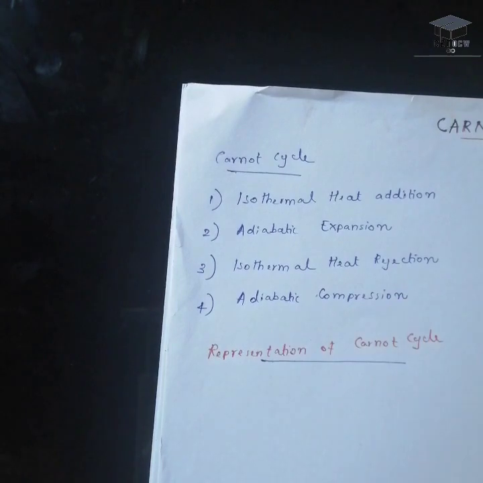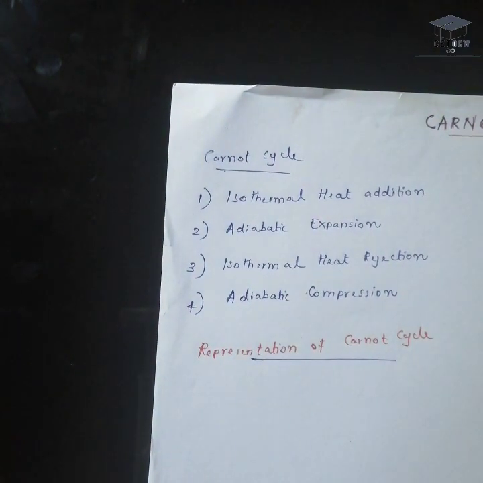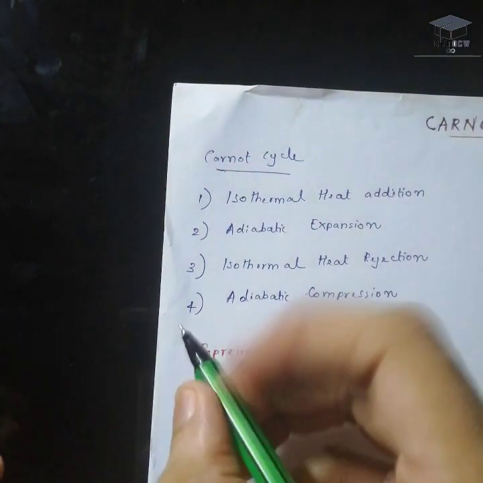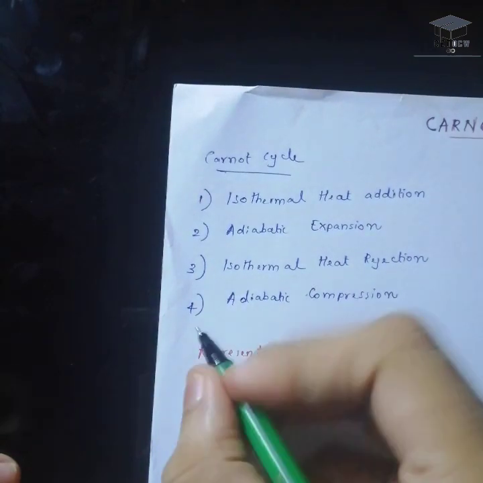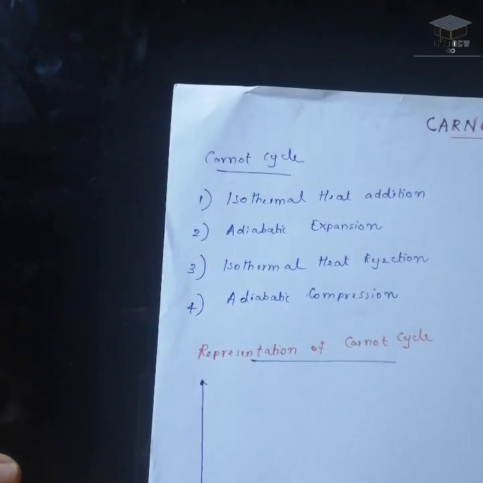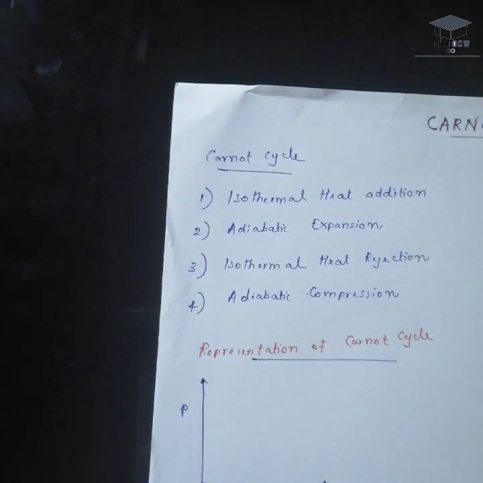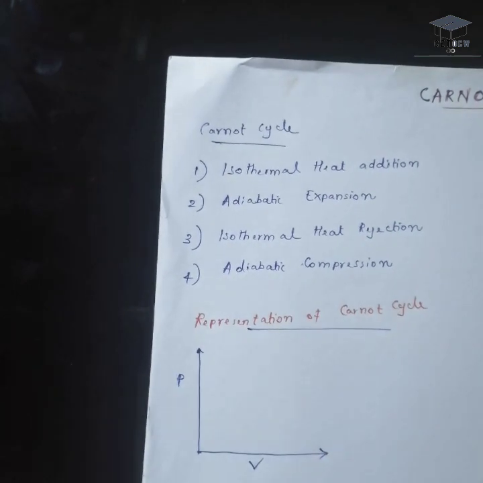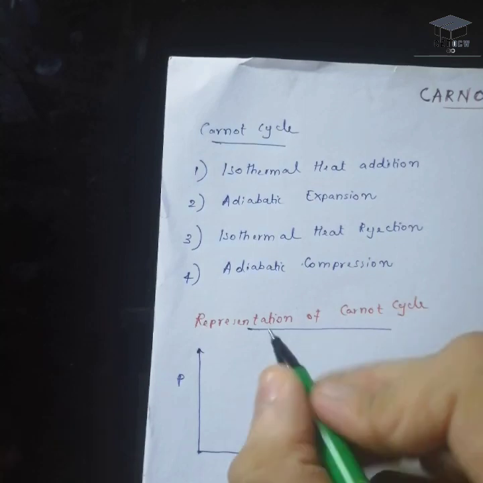First we can represent the Carnot cycle in a PV diagram. Let me draw the x-axis and y-axis. This will be the pressure axis and this will be the volume axis. The Carnot cycle can be represented on the PV diagram as follows.